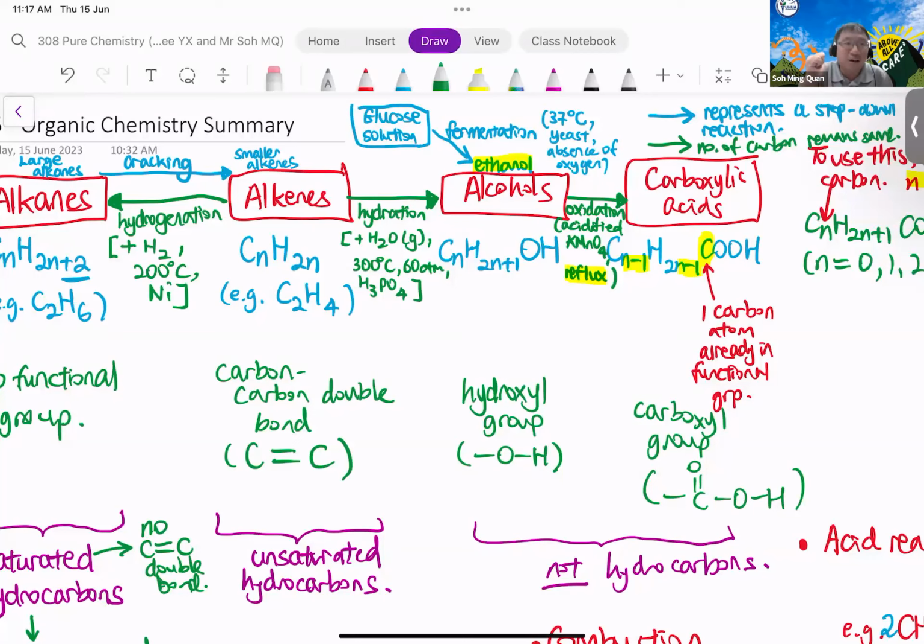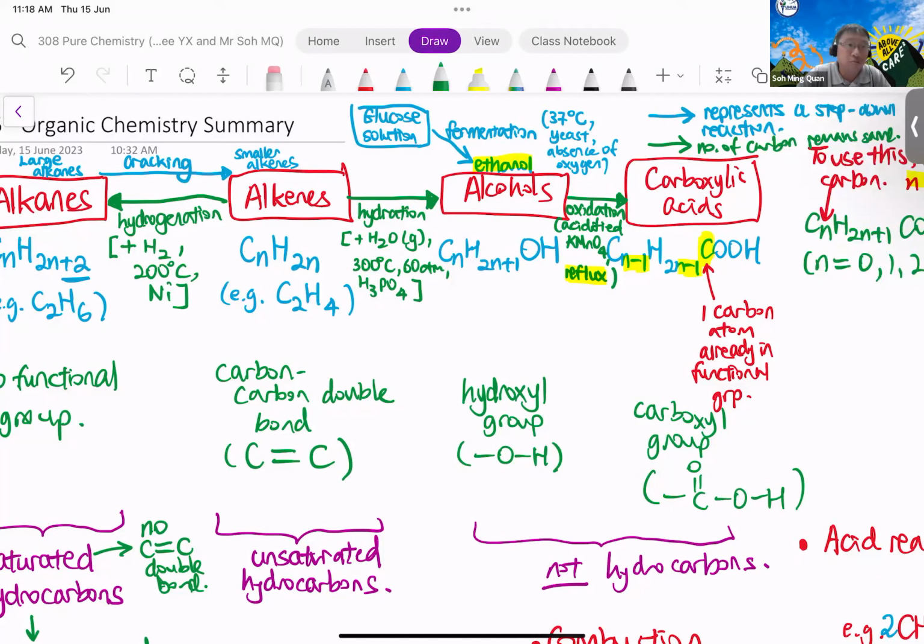Meaning, if you started with ethene, 2 carbon, you reacted it with, say, steam, it produces ethanol, 2 carbon also. Now, why is this important? Do you realize we have said step down? We have said remain the same. You have not learned how to increase the number of carbon, right? And indeed, you have not learned how to increase the number of carbon.